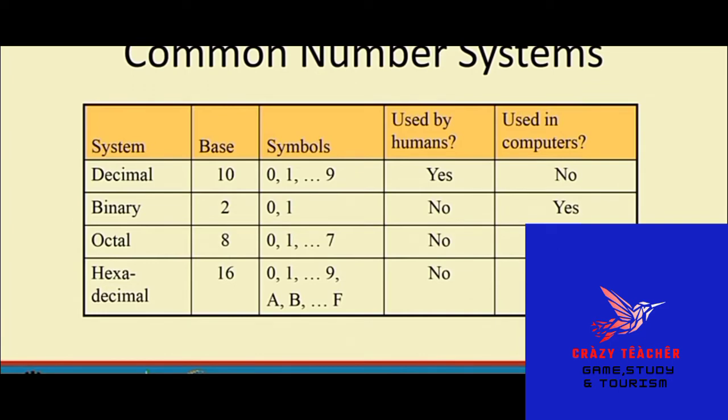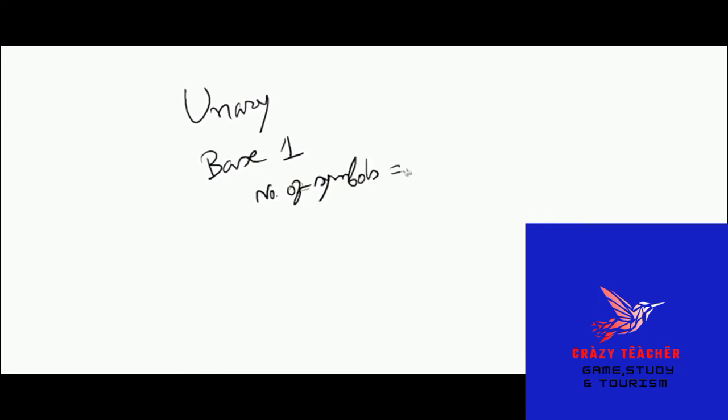The answer is definitely yes, we can have a base 1 number system as well. That is the unary number system. Since the base is 1, I can have only a single symbol, so the number of symbols that you can have is equal to 1.